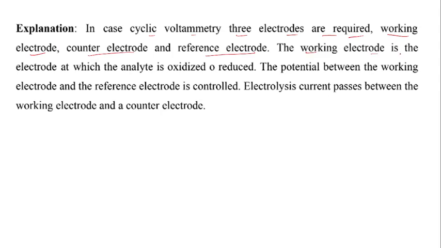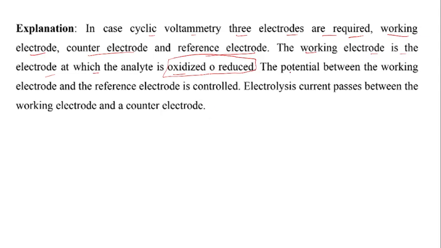The working electrode is the electrode at which the analyte is oxidized or reduced. Both can happen; it depends on your analyte, what you are going to analyze. So either oxidation or reduction, any reaction can happen, and on the basis of this reaction you will be able to measure how much analyte is present in the solution.